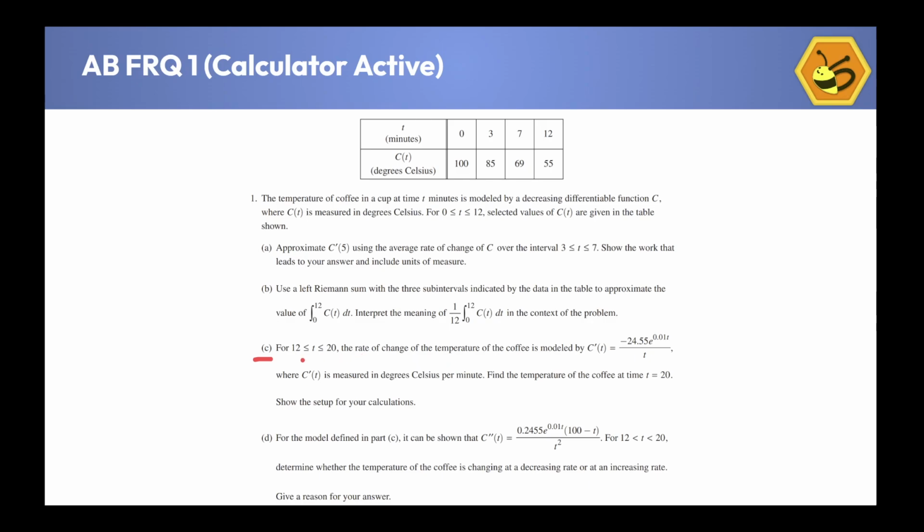By the way, a great way to check your answer is to briefly check whether that matches your intuition or not. As the temperature is decreasing, at 20 your temperature should be less than 55.